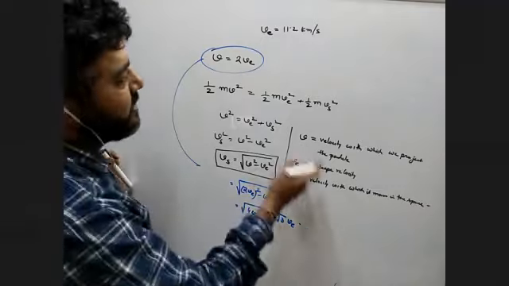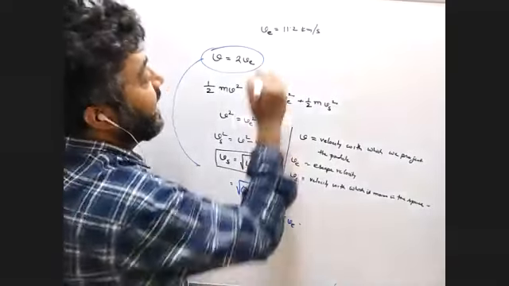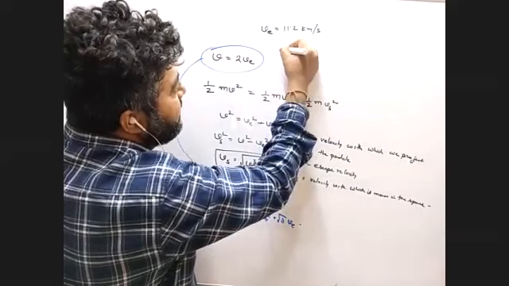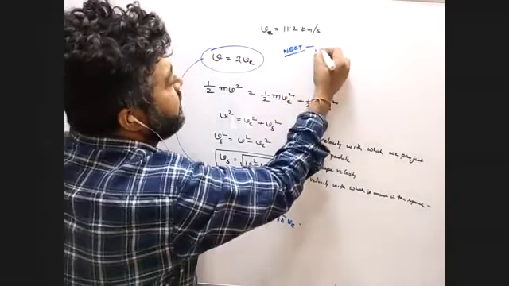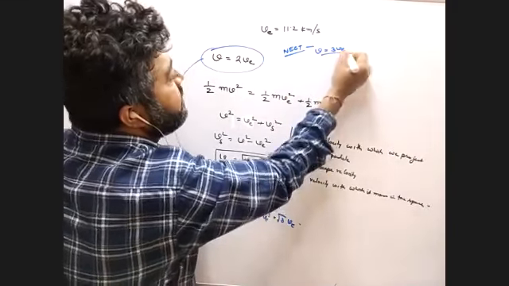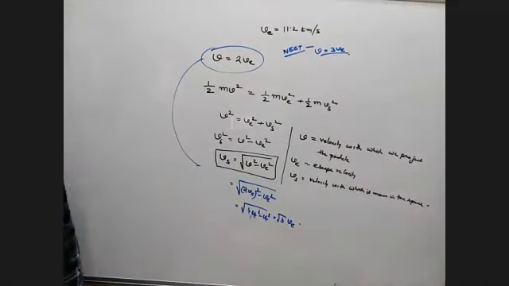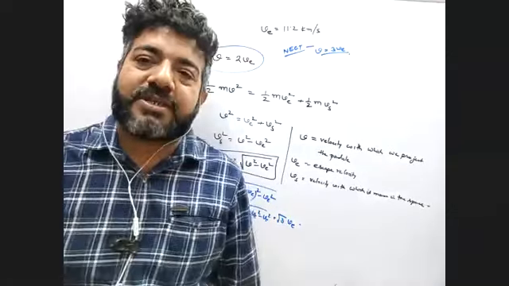Even you can put the value of 11.2 kilometer per second. And in NEET, a question came 2-3 years ago: if you project a particle with 3 times the escape velocity, with what velocity does it move in space?